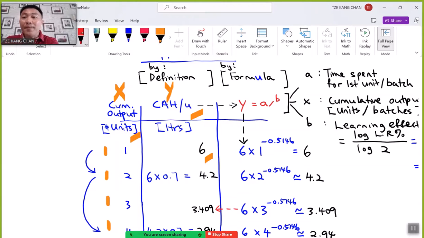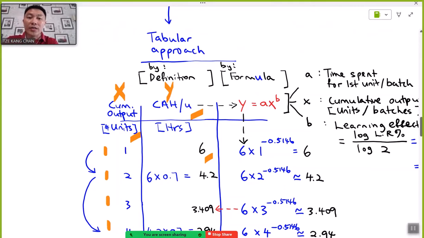This is the formula that shows the mathematical function of the curve that we saw earlier. The curvilinear line is now represented by a function of y equals ax to the power of b.